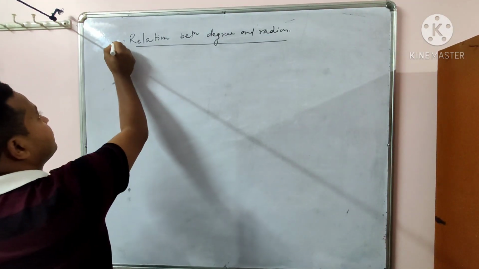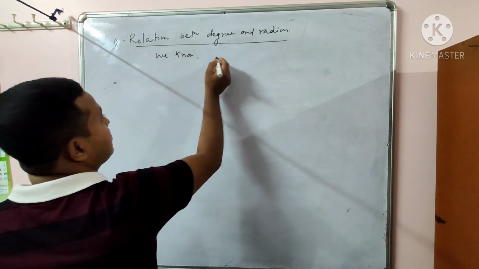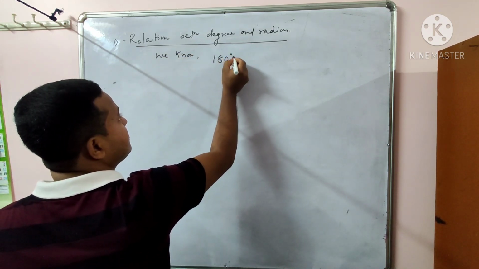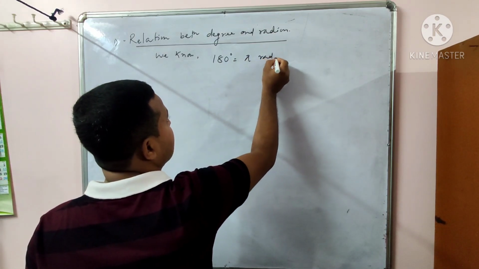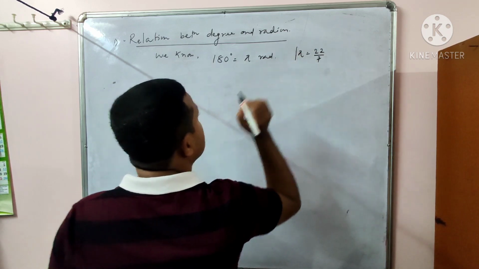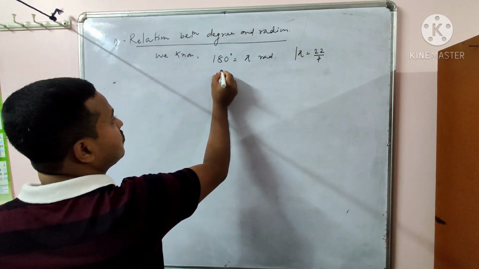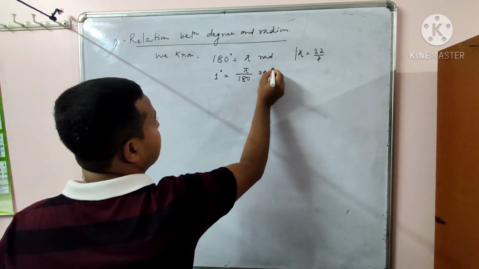We know 180 degree is equal to pi radian, where pi is 22 by 7. So obviously 1 degree will be pi by 180 radian.